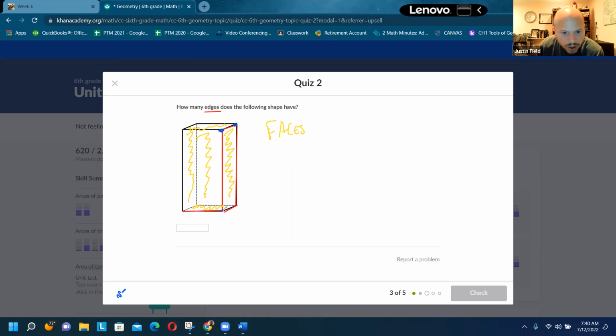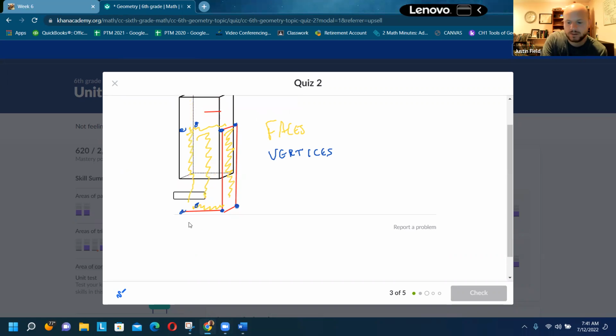These guys, the corners, are called the vertices. Okay, so how many edges does it have? Let's count. 1, 2, 3, 4, 5, 6, 7, 8, 9, 10. 4, 4, and 4, and then an extra 2, and then 2. So 4 plus 4 is 8, plus 2 is 10, plus 2 is 12.